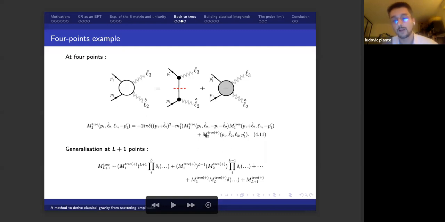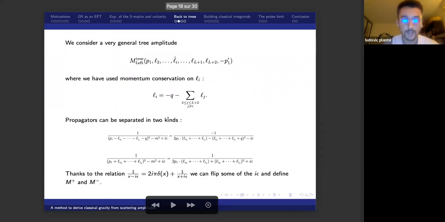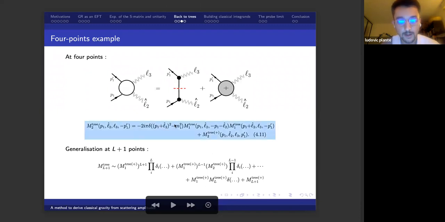And you will have a remainder, which is M plus. And when you do that, you know that you will get the delta function piece, which is here. You know from the factorization theorem that in front of the delta function, in fact, you have two on-shell 3-point amplitudes. So at the end, you get M2 equal to a delta function times a product of 3-point amplitudes plus the quantity we call M plus.